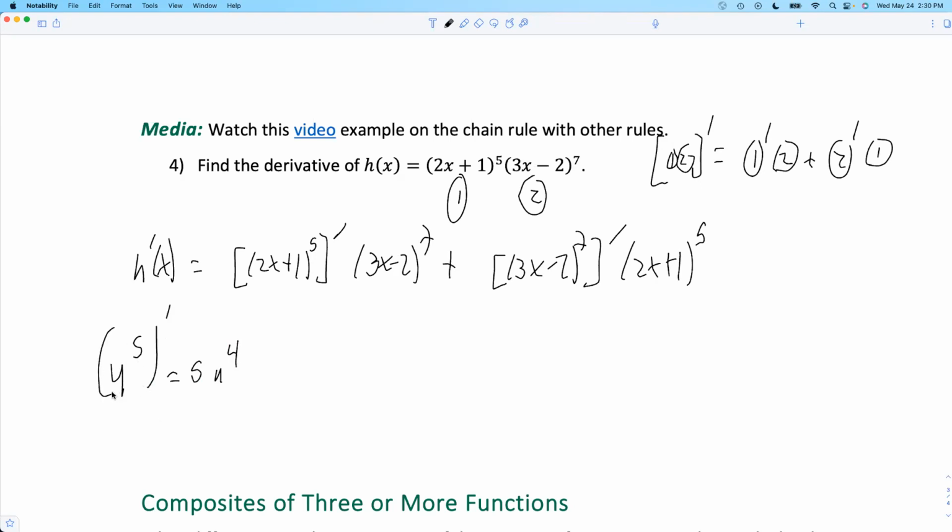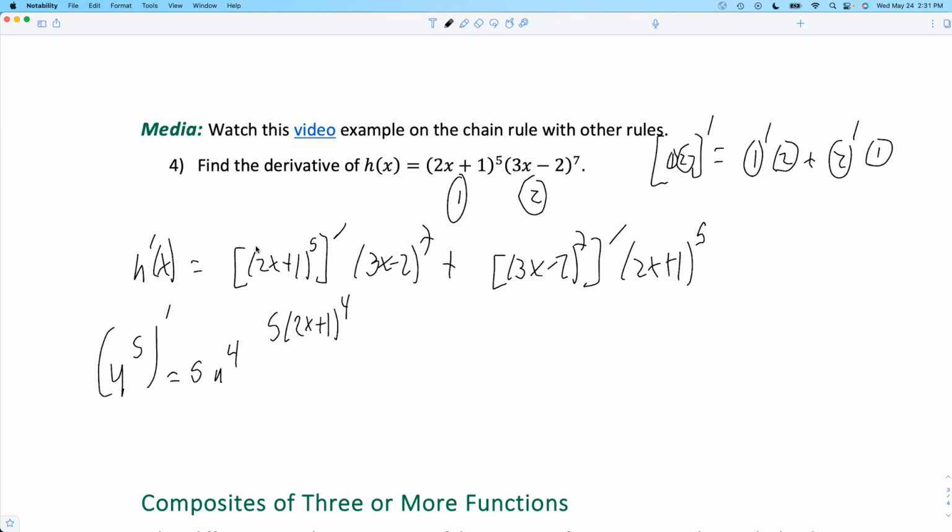The derivative of junk to the fifth, d-junk, is 5 junk to the fourth. So this will be 5, leave the inside alone, to the fourth.